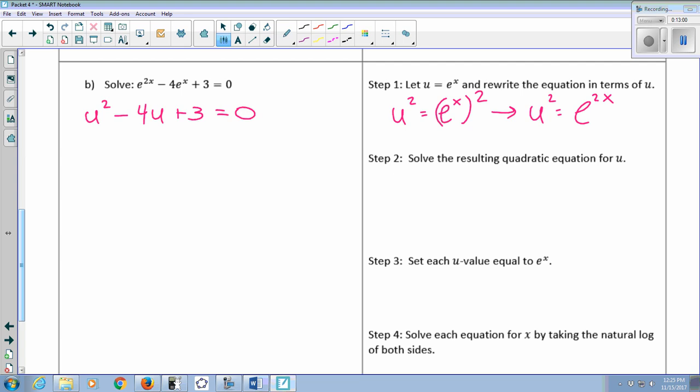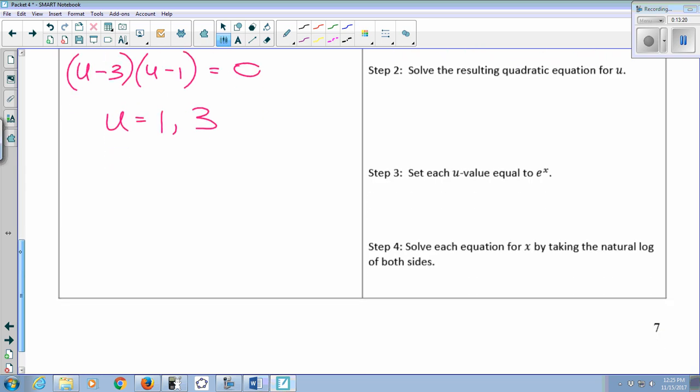Solve the resulting quadratic for u. So this is u minus 3 times u minus 1. So I get u is 1 or 3. And then set each u value equal to e to the x, right? Because go back to the substitution you made. If u equals e to the x, replace each of these u's with a 1 and a 3.